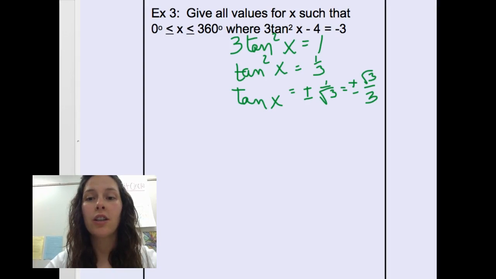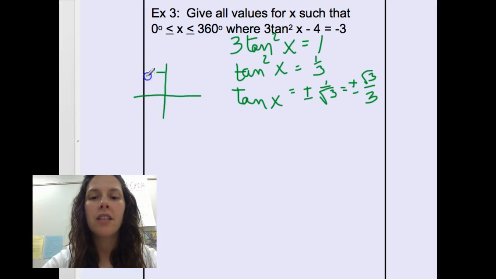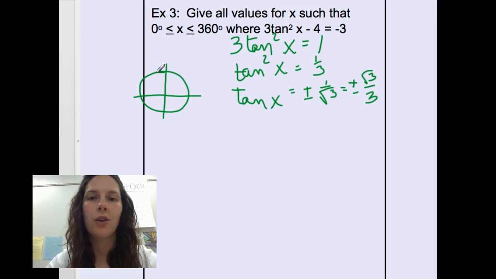This one we're again looking at degree measures. Tangent you probably don't have memorized. It's helpful to have tangent memorized, but you can always use sine over cosine to generate it. It's just going to take you a little bit longer. So for those three values, tangent is square root of 3 over 3, 1, and square root of 3.